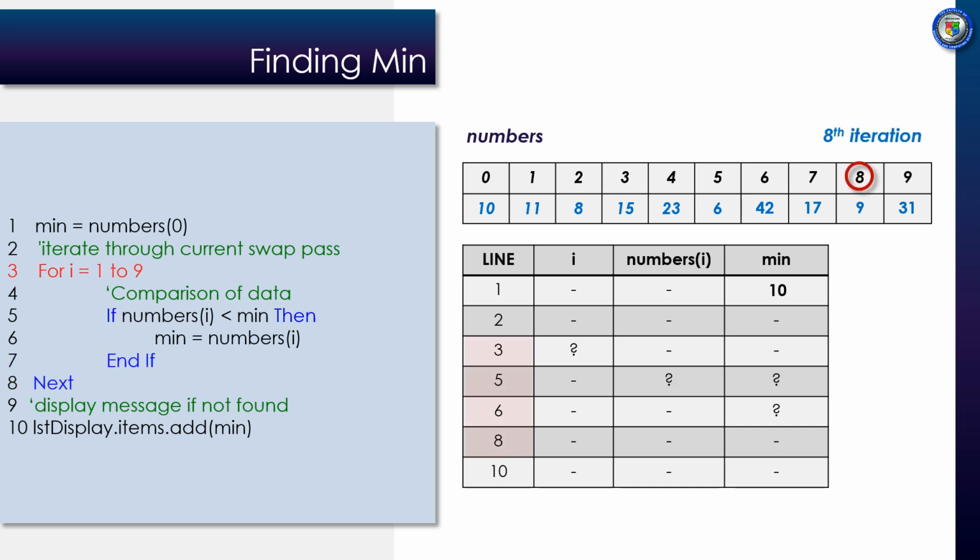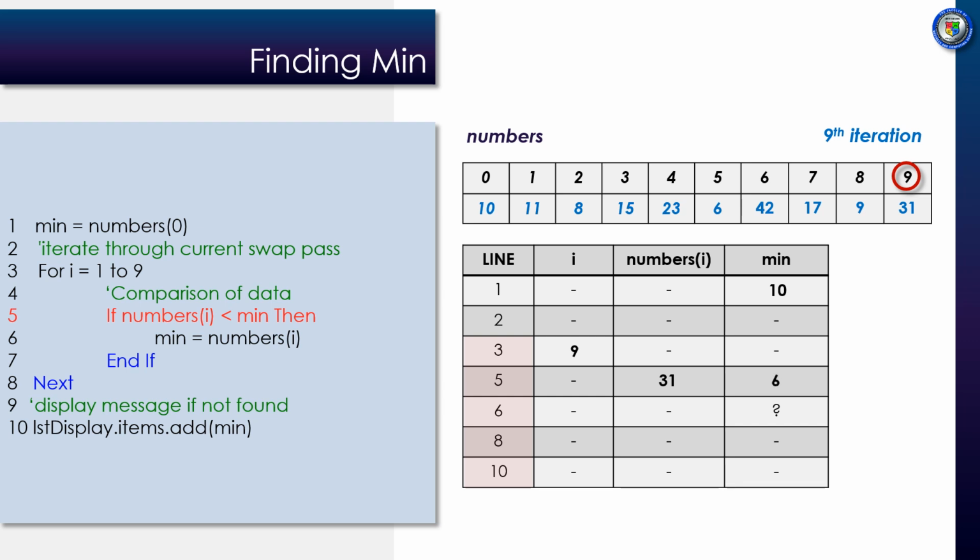Again, iterating around the loop, I becomes 8, and we then have a value of 9, comparing against 6 again. That condition is not met, therefore min remains at 6 before we iterate for our final time with I becoming 9. We have the value 31 in numbers 9.